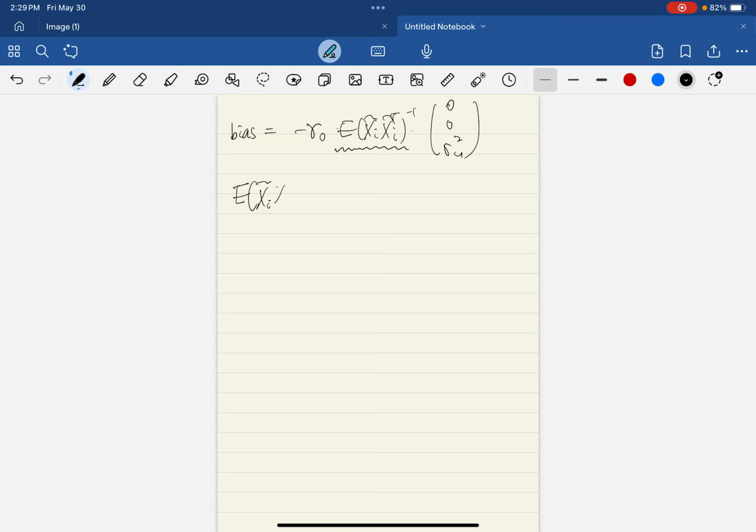The expectation of x_i tilde x_i tilde transpose is the expectation of l_i tilde squared, the expectation of l_i tilde k_i tilde, the expectation of k_i tilde l_i tilde, the expectation of k_i tilde squared. Okay, and you know how to calculate this inverse.